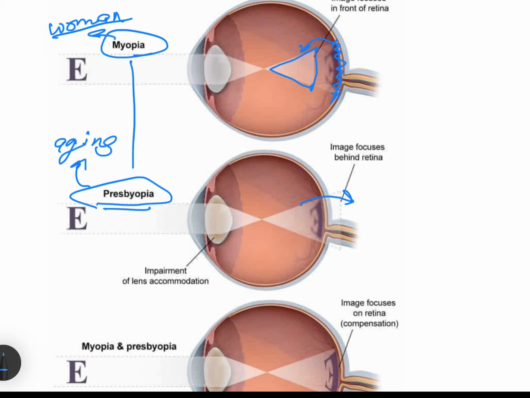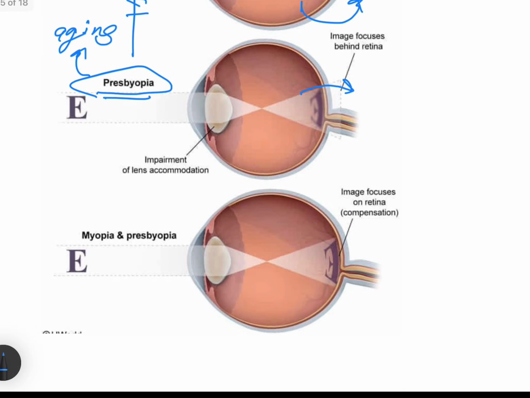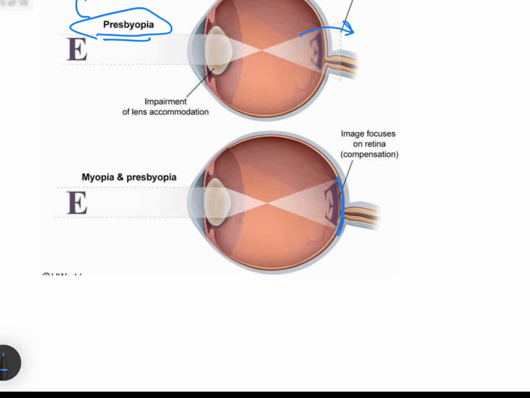But when both combine, one is in front of the retina and one is behind the retina. When both make a sum, they will make a compensation.